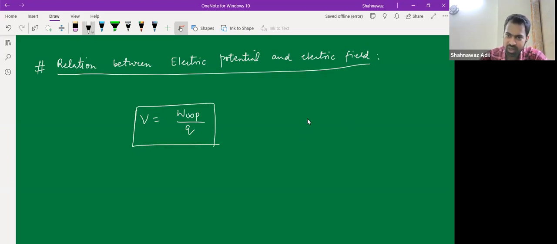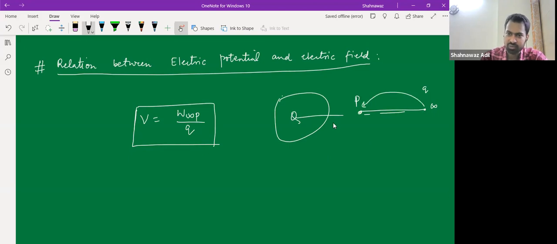We have a source charge, and the test charge is placed at infinity, and we are bringing it to this point, let's say P. So electric potential is work done in bringing the charge from infinity to point P. So we can write W as QV.